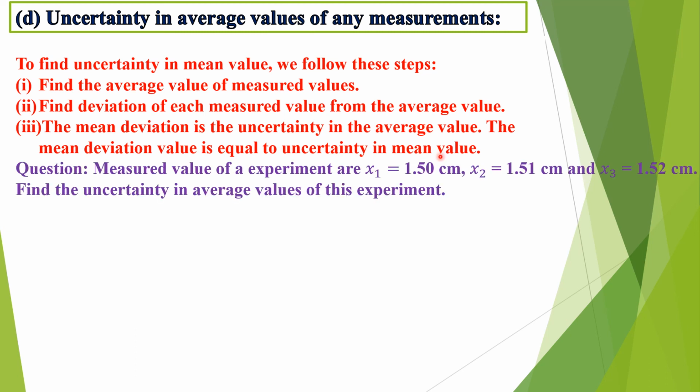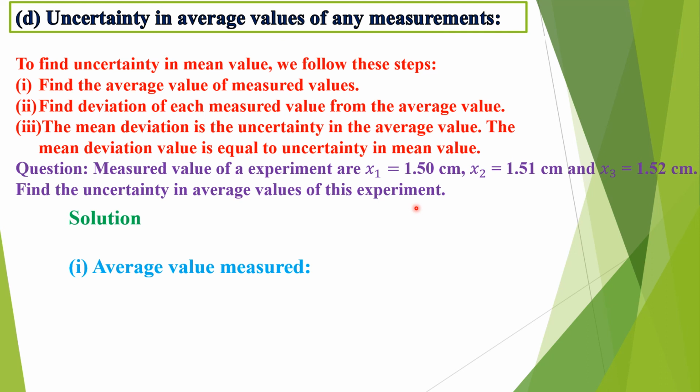Let's solve an example. Measured values of an experiment are x1 equal to 1.50 cm, x2 equal to 1.51 cm, and x3 equal to 1.52 cm. Find the uncertainty in the average value of this experiment.